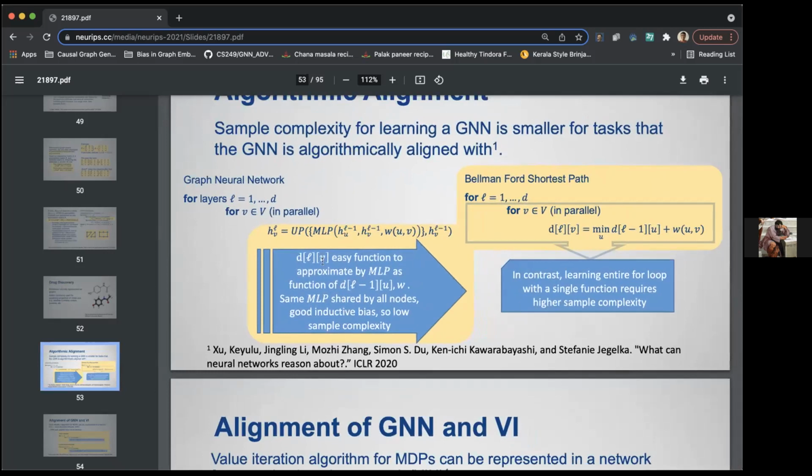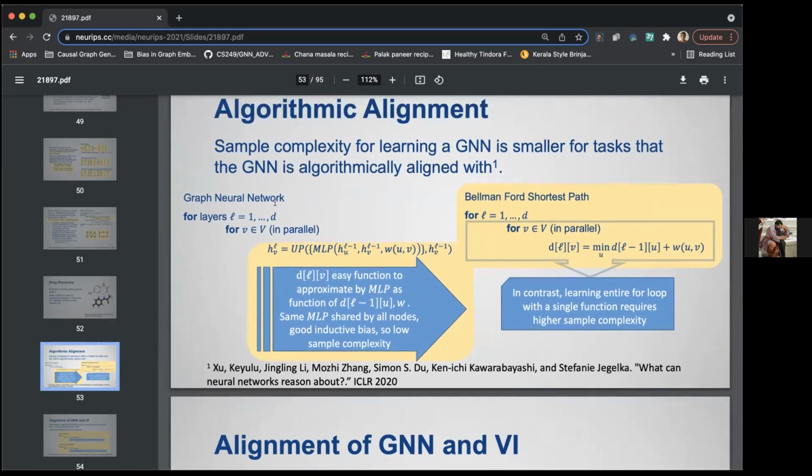Can you elaborate more? I kind of lost the purpose of this slide. Right. So this is the pseudocode for a graph neural network, and this is the pseudocode for Bellman-Ford's shortest path algorithm. If we were to use an MLP to learn Bellman-Ford, it would require a very high sample complexity because we would need to learn this parallel local computation to do the message passing and updating.